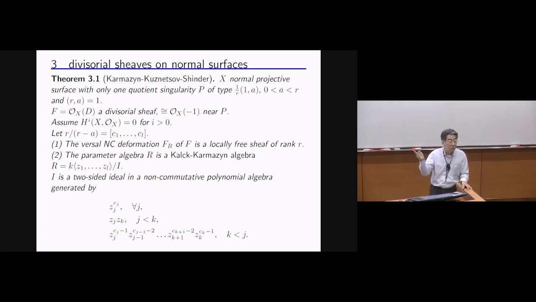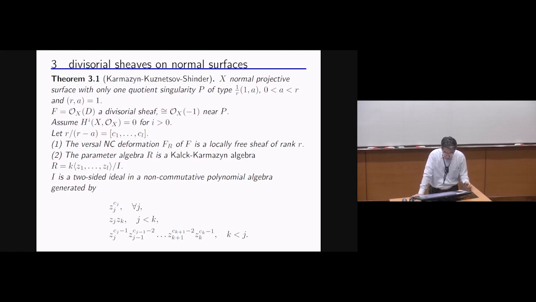The other axis corresponds to minus a. Okay, and I assume that the higher cohomology groups of the structure sheaf vanish, and then let us develop this rational number by integers C1 to CL as a continued fraction.